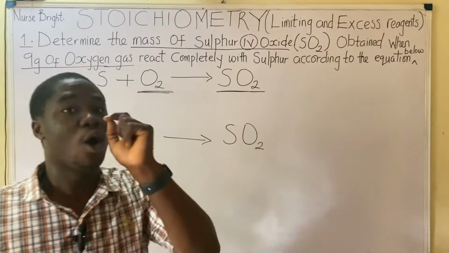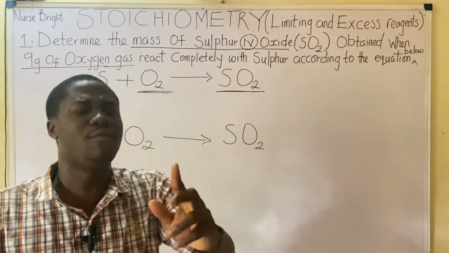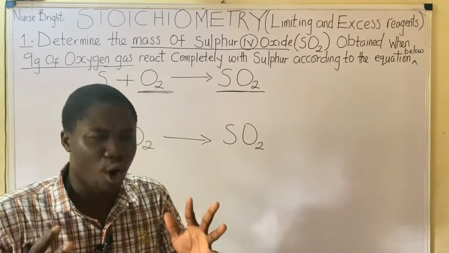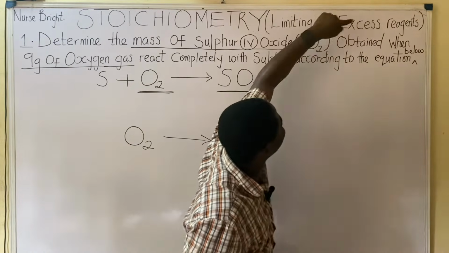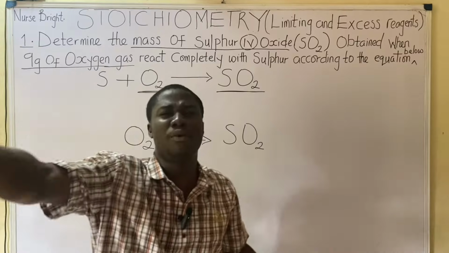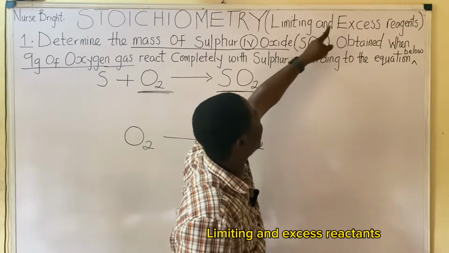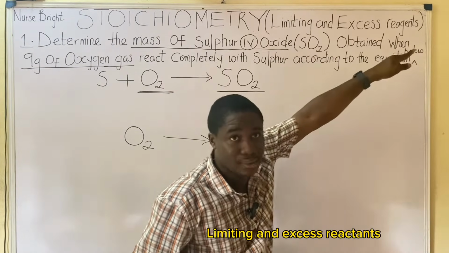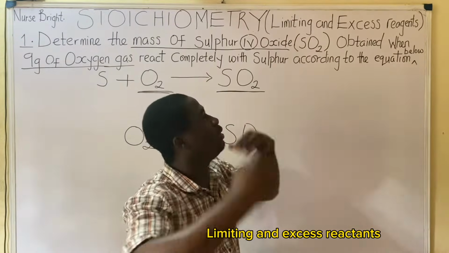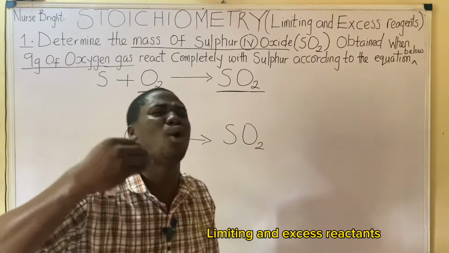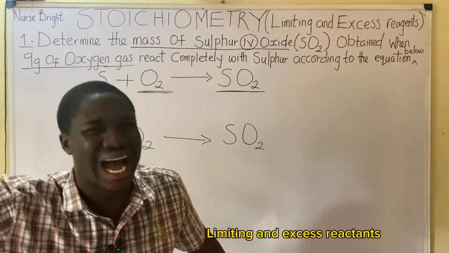In the question, they will give you two parameters for your reactants, because limiting and excess reagents can also be called limiting and excess reactants. Do you understand my point? The word limiting reagent can also be called limiting reactant.